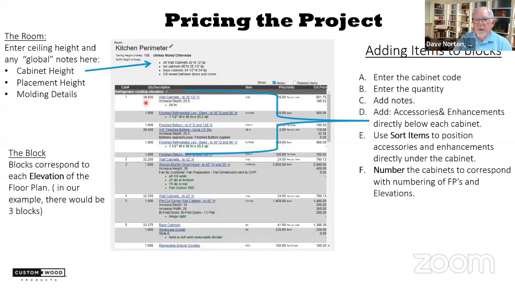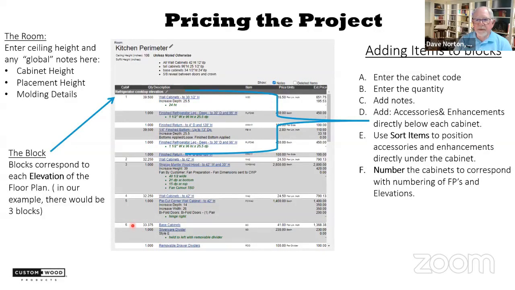So again, we're going left to right, top to bottom. We're starting with that refrigerator enclosure cabinet. You want to put it in, include the legs, any finished returns, finished bottom, anything that's connected with that cabinet goes directly below it. And then you continue with additional cabinetry.